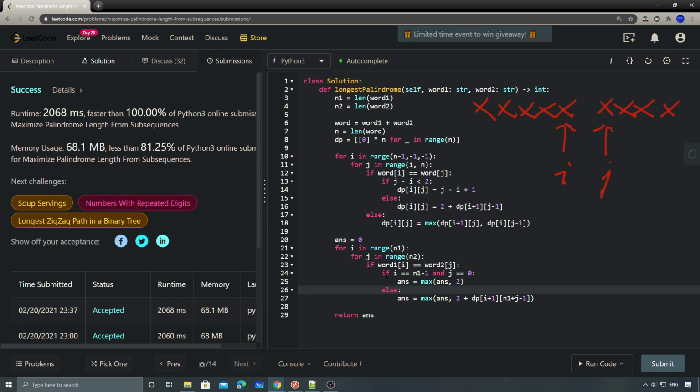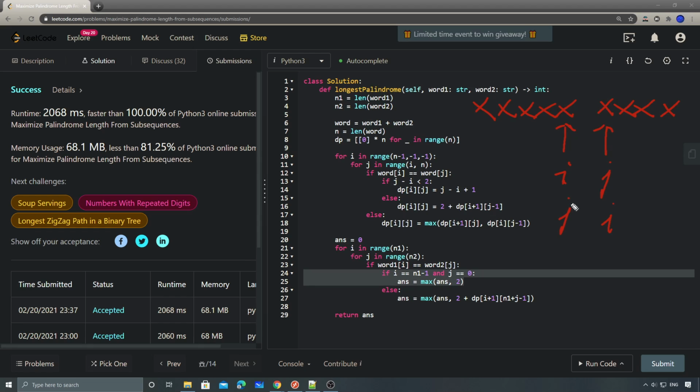Actually, you know what? Maybe for this part, we don't have to separate this one here. So if this is the case, i will move to here and j will be moved to here, which means the start is greater than the ending point.